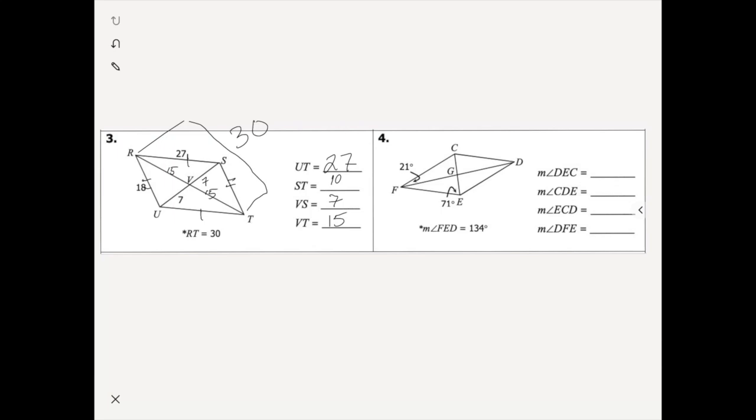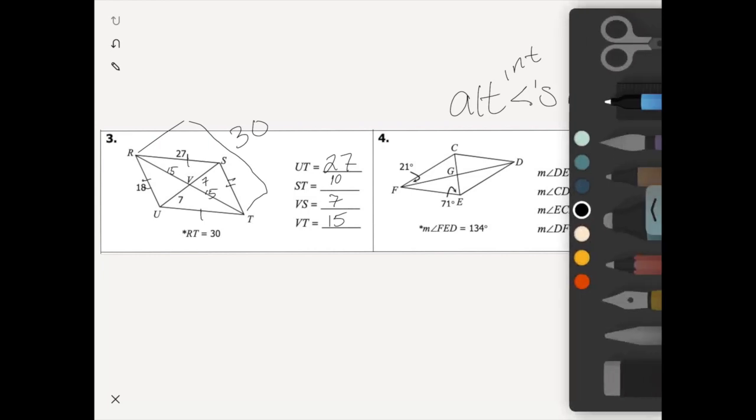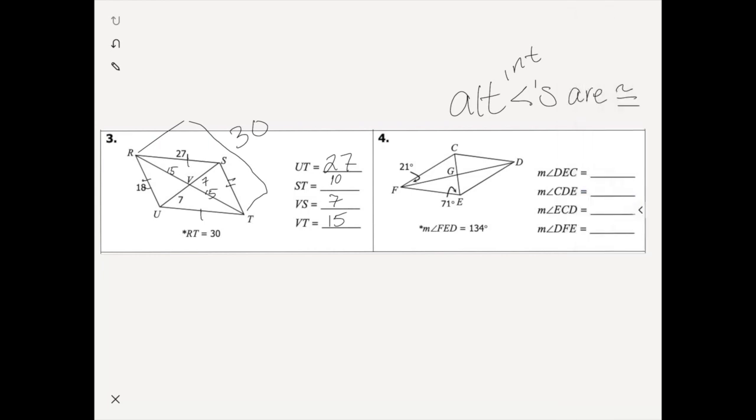So number 4, they give us the measure of several different angles. You need to remember that alternate interior angles are in this picture, and alternate interior angles are always congruent. So they want us to find the measure of angle DEC. So DEC is right here. And they tell us that the measure of angle FED, this at the bottom, is 134.